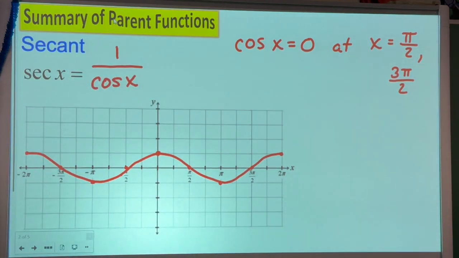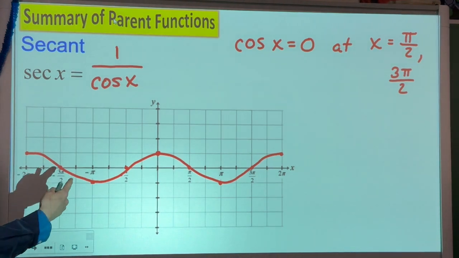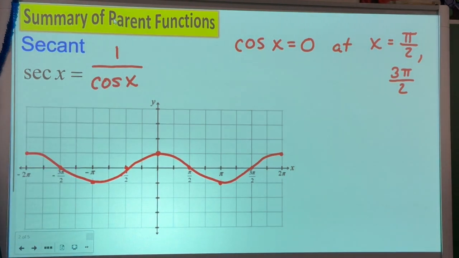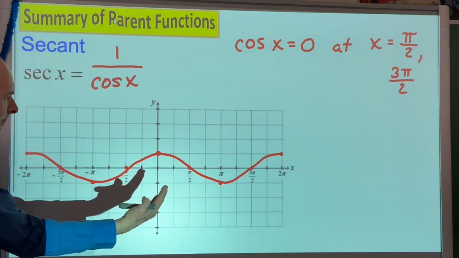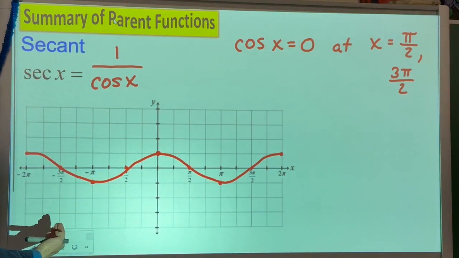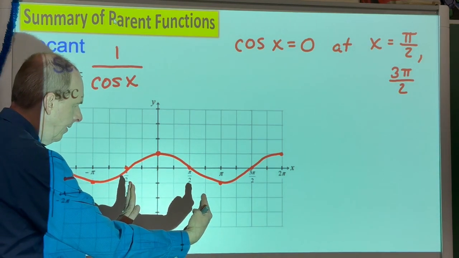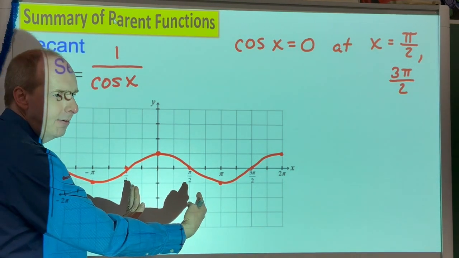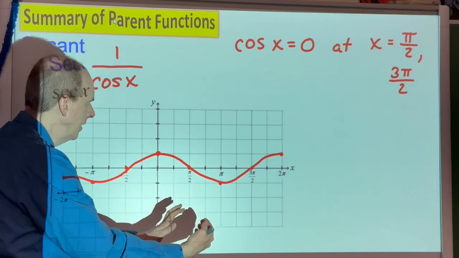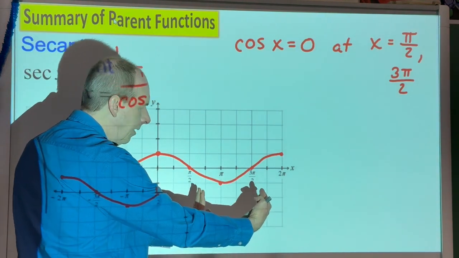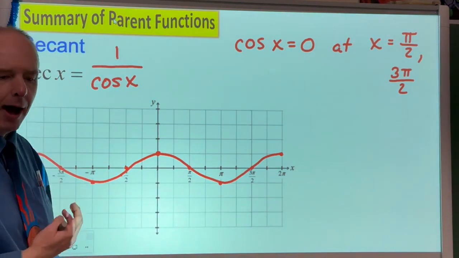And everywhere that we have a 0 value, well, that means we're going to be dividing by 0. So at pi over 2, 3 pi over 2, negative pi over 2, negative 3 pi over 2, this is a gap of 90 and 90, 180 degrees, a value of pi.